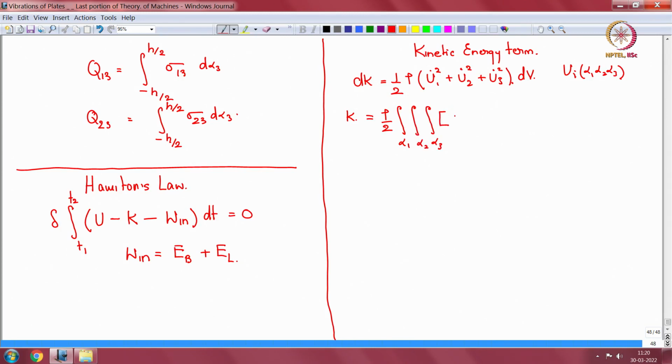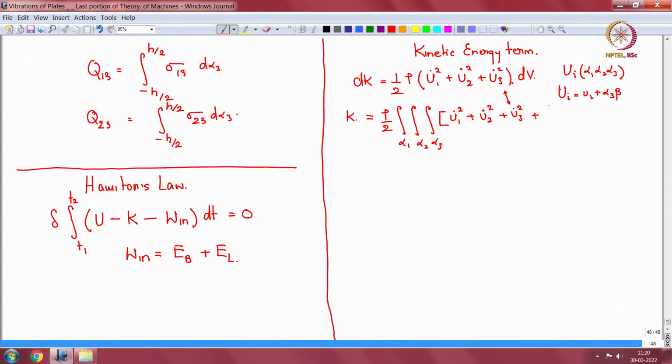Now we use the Love assumptions of any big U being equal to a small u plus alpha 3 times beta. So you have small u1 dot squared plus small u2 dot squared plus small u3 dot squared, which is the same as big U3.